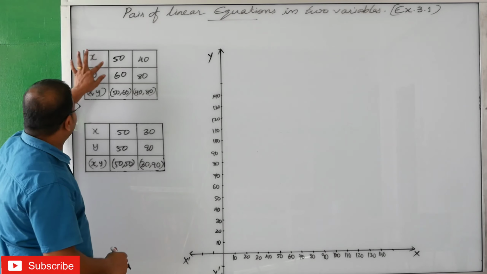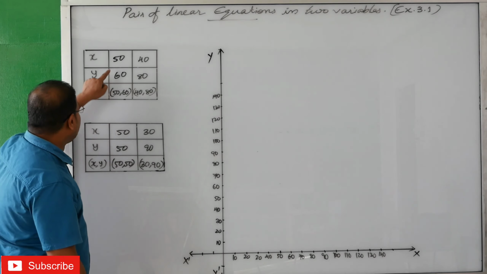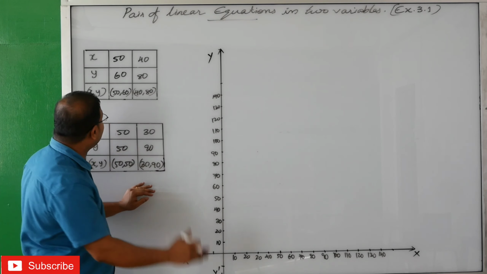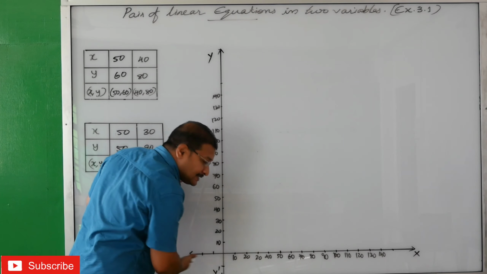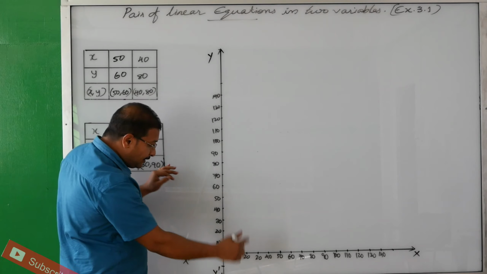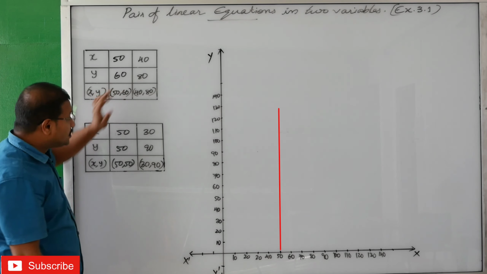Ready? See that x equals 50, y equals 60. X equals 50 means that is on the x axis, on the right side, 50. See, x equals 50 means this vertical line, isn't it? Now, y equals 60.